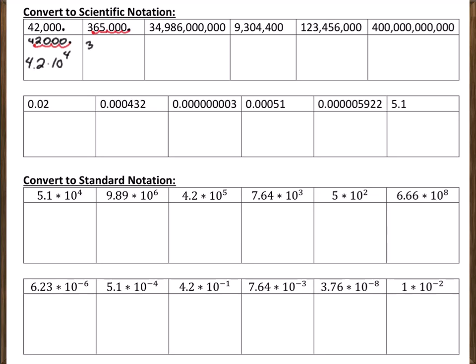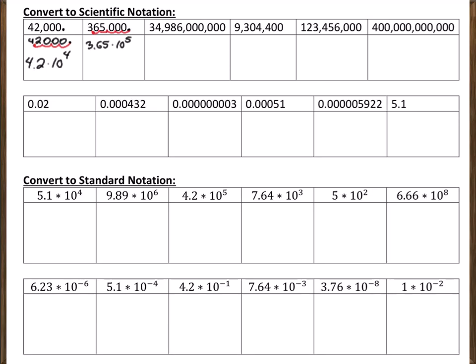So we have 3.65 times 10 to the 5th power. Again, the 5 comes from the fact that we moved the decimal place 5 times. So at this point, you might be starting to get the hang of this. So if that's the case, pause the video, see if you can work the remaining of the examples in this row, and then unpause it to see if you were correct.